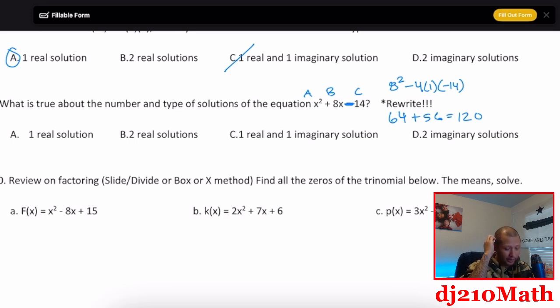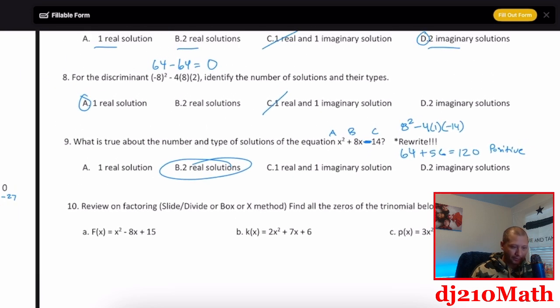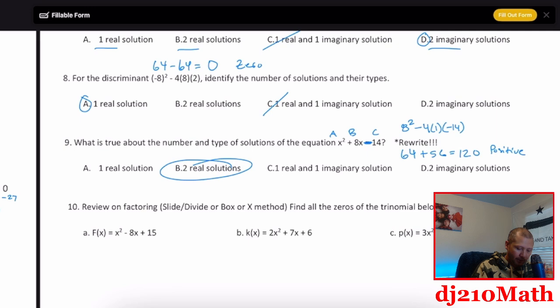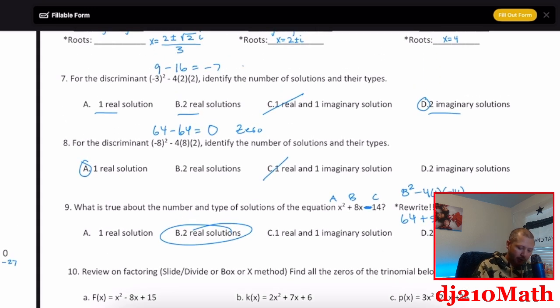I don't care what the number is. I care is it positive, 0, or negative. It's a positive number. So that means we're going to have two real solutions because it's positive. Right, because it's positive. Here we had 0. That's one solution. And then here it was negative. Two imaginary solutions.